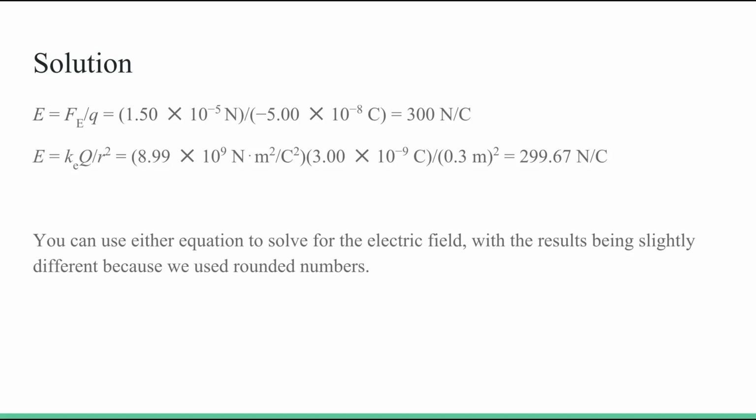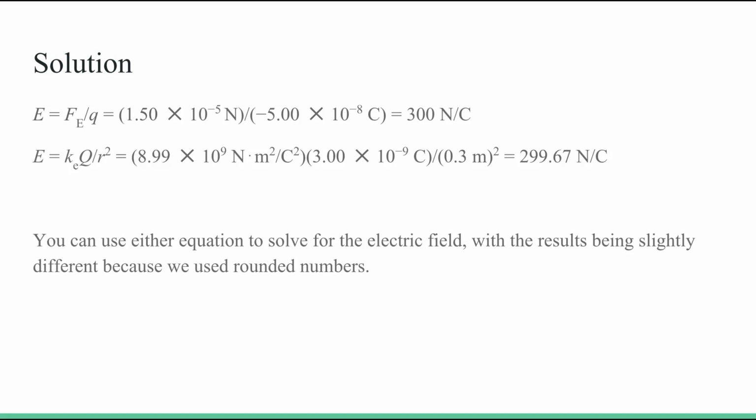And the electric field could also be determined by using this equation. Use the charge generating the field, since you have big Q over here, and you'll get 299.67 newtons per coulomb. And these results are just slightly different.